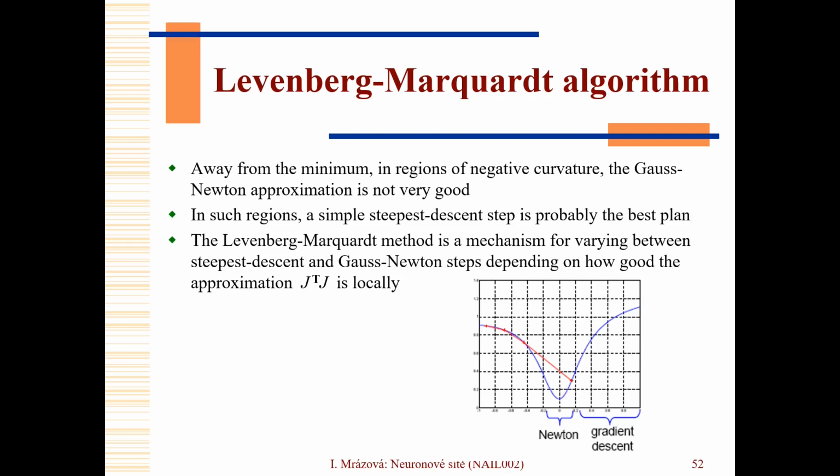Because we don't have anything better, a simple steepest gradient descent is used here. Thus, the Levenberg-Marquardt method represents a mechanism for varying between the traditional steepest descent and the Gauss-Newton steps that depend on how good the approximation is at the local area.